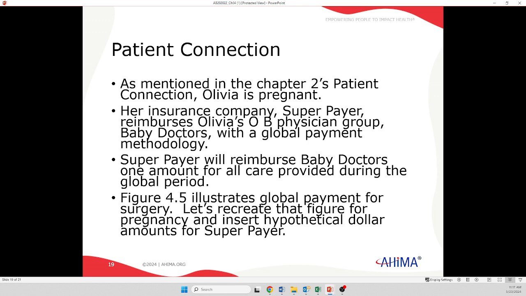All right, on page 80, let's look at example 4.3. So Giant ACO participates in a two-sided risk agreement with CMS. So two-sided means it shares losses and savings. With a shared savings rate of 50% and a shared loss rate of 30%.